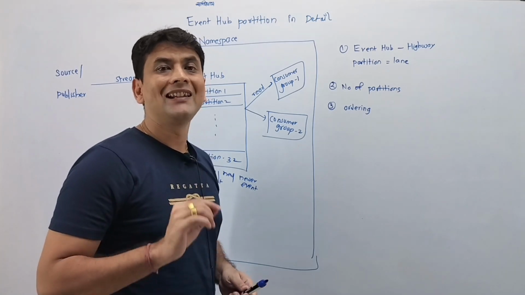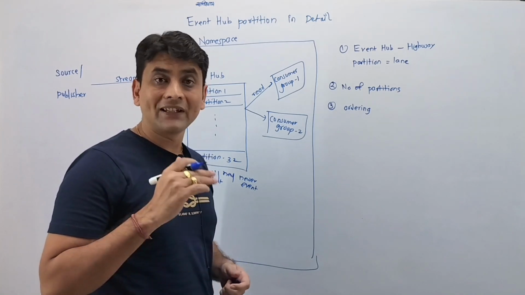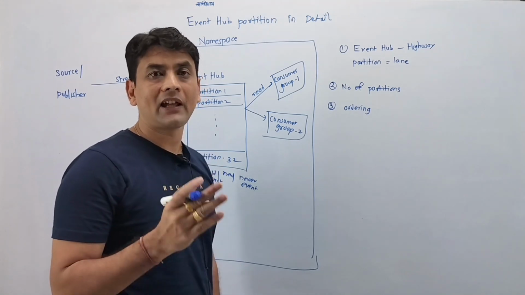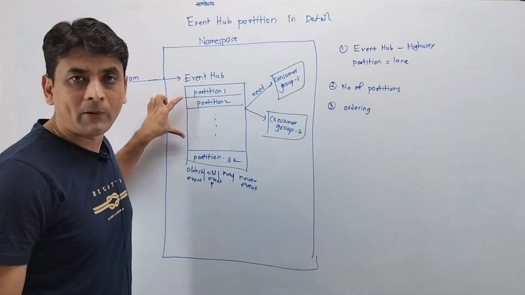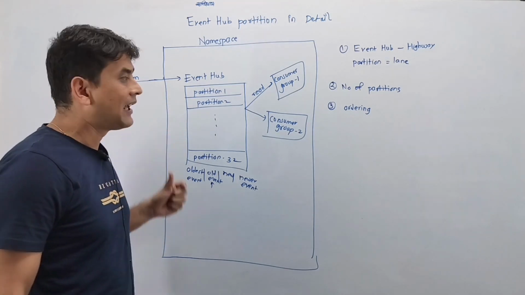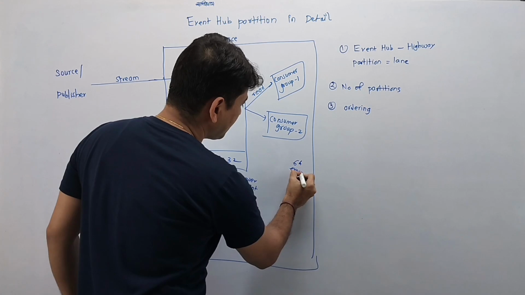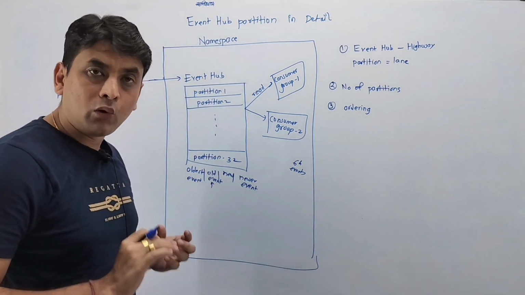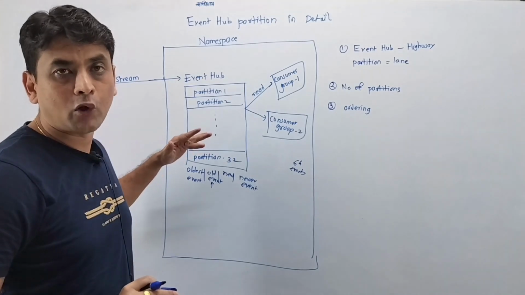Now fourth point, let's discuss event distribution across all the partitions, whether the events are equally distributed. For example, say we have provided a total of 32 partitions in this event hub, and we received say 64 events. Then there is no guarantee that the events will be equally distributed across all the partitions.